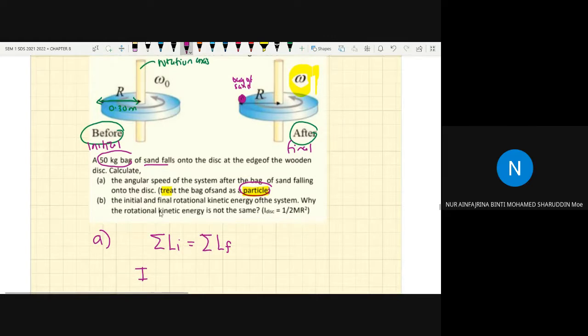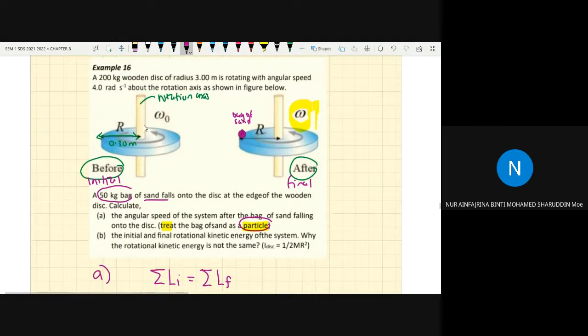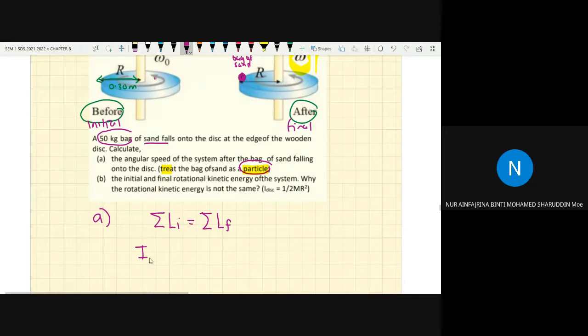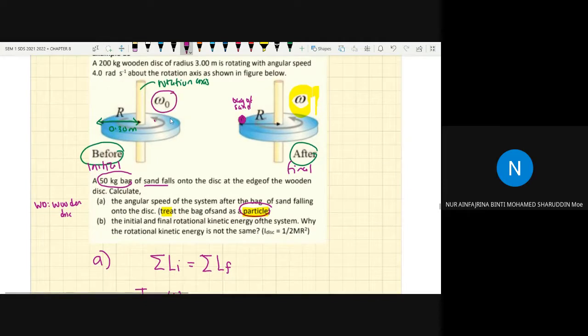Jadi I initial, kita akan ambil wooden disc punya moment of inertia. Miss tulis je wooden disc, WD is wooden disc, punya moment of inertia darab juga dengan initial angular velocity.